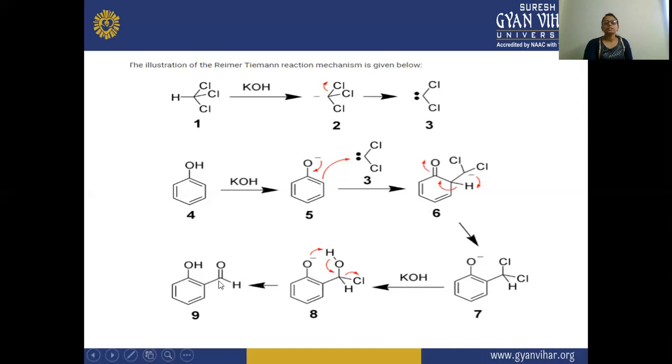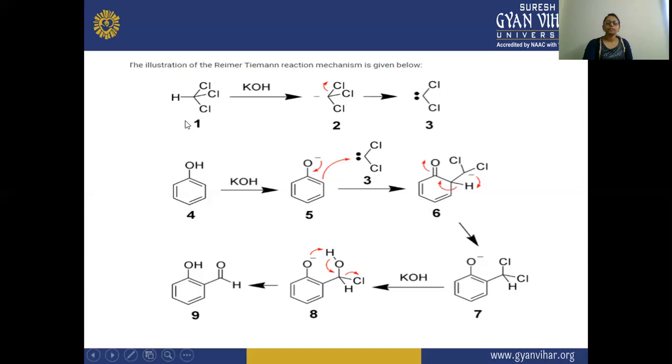Here you can see the CHO bond is formed, and this H that is abstracted from this position is attracted by this H. So here there is a formation of, what, benzaldehyde, sorry, orthohydroxy benzaldehyde, because the CHO group is attached to this position, to the first position.